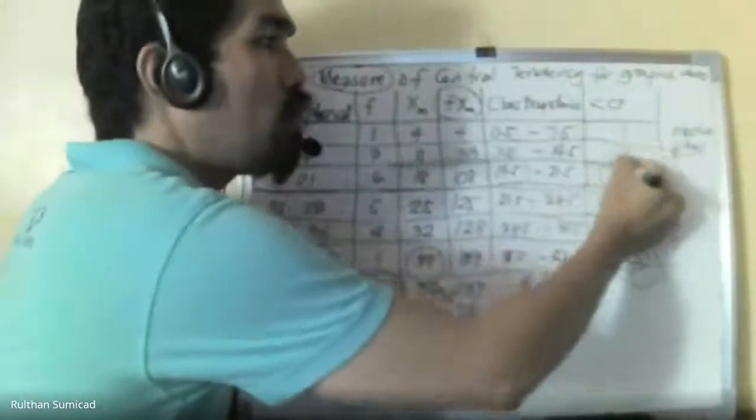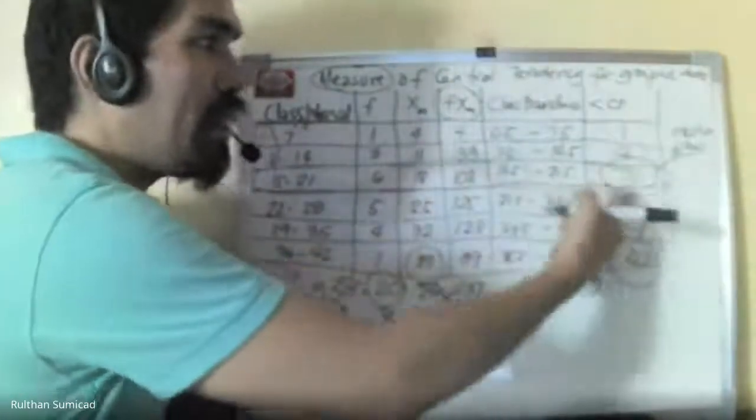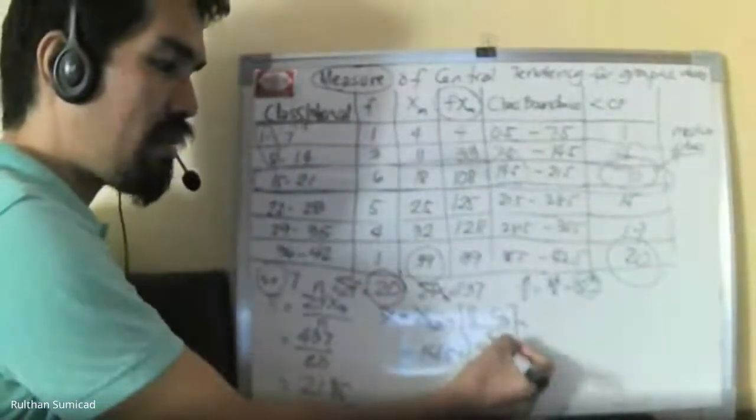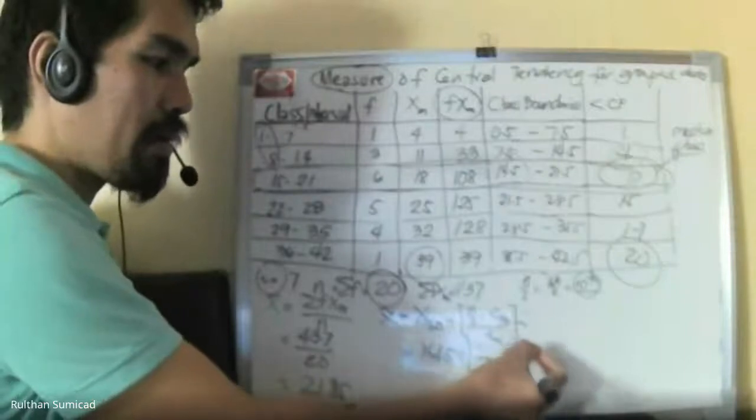Because this is our median class, the class interval before it is 8 to 14. And its cumulative frequency is 4. Therefore, the value here is 4. Okay?